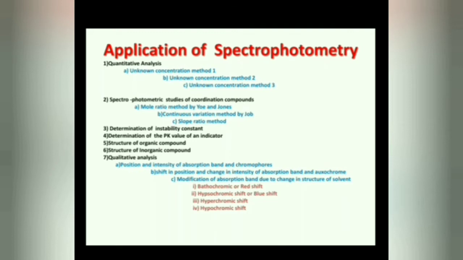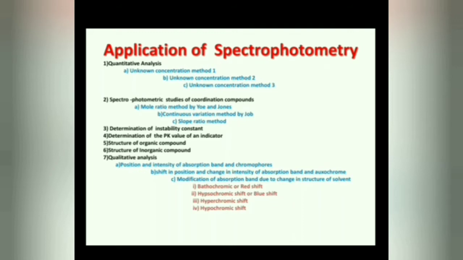So for this, it can be seen by three different methods. First one is the unknown concentration method. This method is done by constructing a calibration curve as per the Beer's law. In this case, we prepare a series of solutions, and from that we select a blank solution. That blank solution is used for the selection of lambda max, and also for adjusting the 100% transmittance and 0 absorbance.